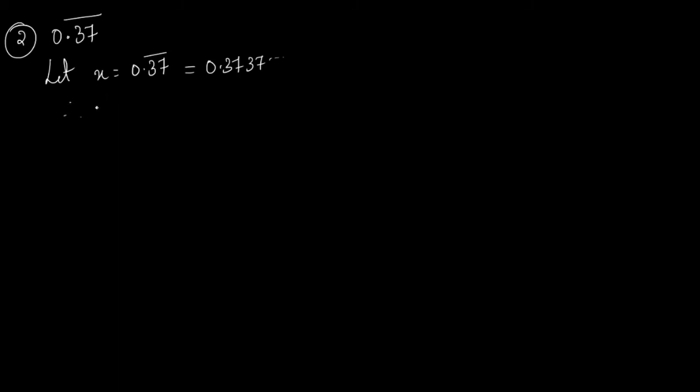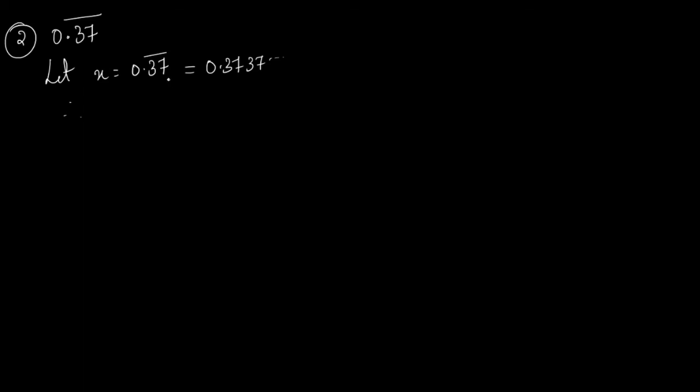We'll move with the next sum. The next sum, number 2, says 0.37 bar. Okay. Now let's try out this sum. First, let x is equal to 0.37 bar, that is, this is equal to 0.373737. I'm not going to write this every time. So now, how many digits are getting repeated over here?